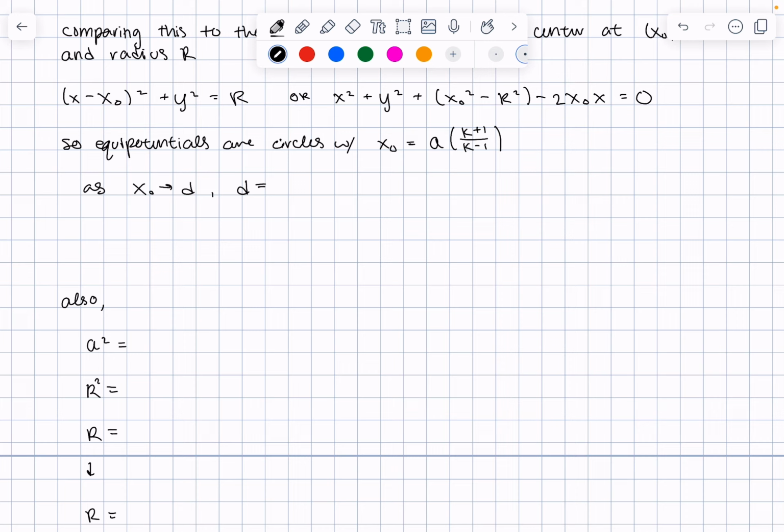So here we'll have d equal to a times (e to the 4 pi epsilon naught v naught over lambda plus 1) over (e to the 4 pi epsilon naught v naught over lambda minus 1), which can be written as a times (e to the 2 pi epsilon naught v naught over lambda plus e to the negative 2 pi epsilon naught v naught over lambda).